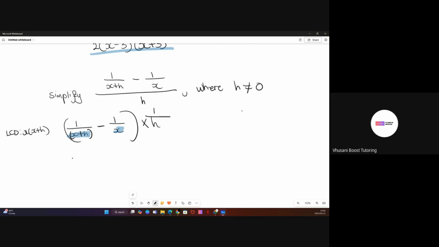These are two different denominators. We can't just say this x is the exact same as this x over there. These are two different x's because this one is x plus h, not just x alone. Do you understand what I mean?